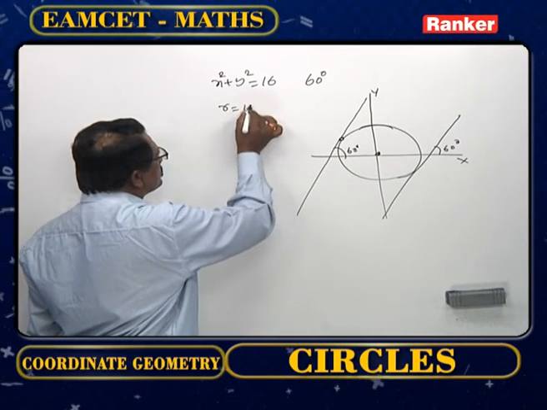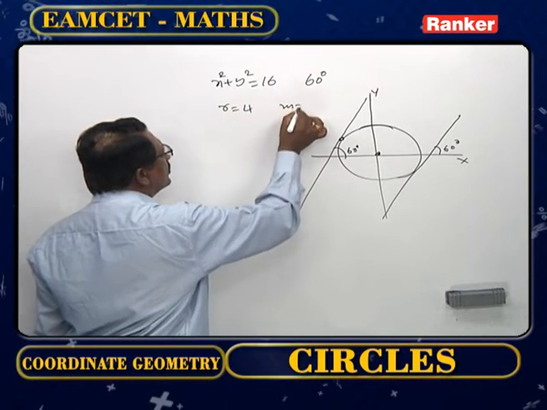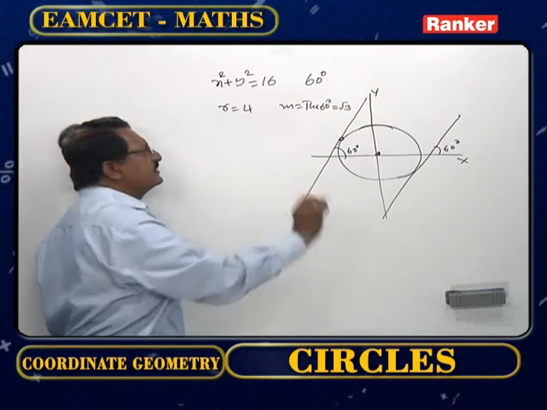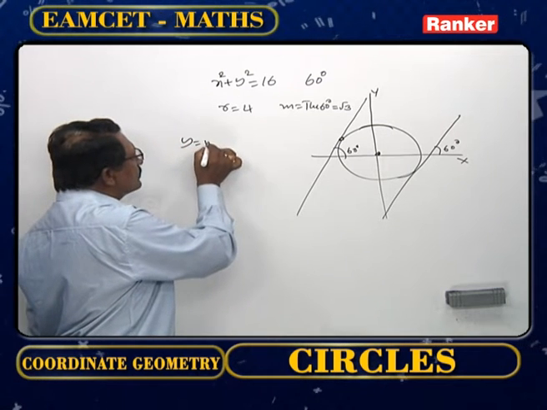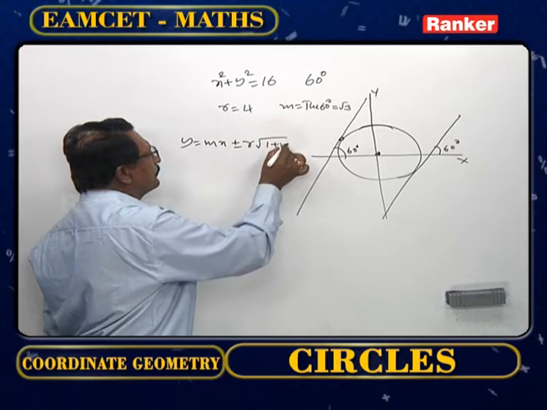The radius of the circle r equals 4 and the slope of the tangent m equals tan 60, which equals root 3. Now, the equations of the tangents: y equals mx plus or minus r into square root of 1 plus m square.